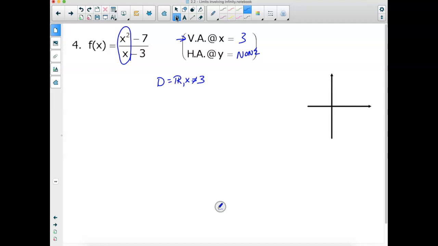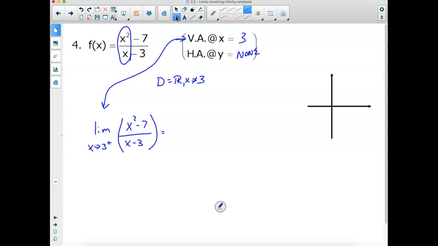From there, this vertical asymptote statement leads us to ask: what is the limit as x approaches 3 from the right of x squared minus 7 over x minus 3? As I'm approaching from the right, what does that do?